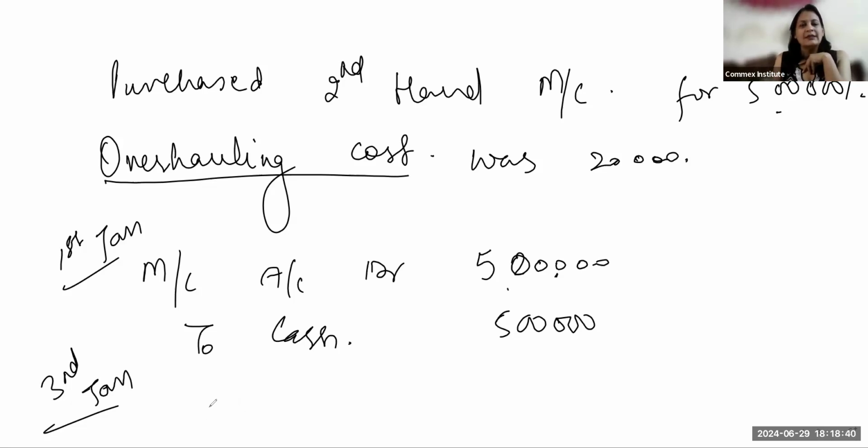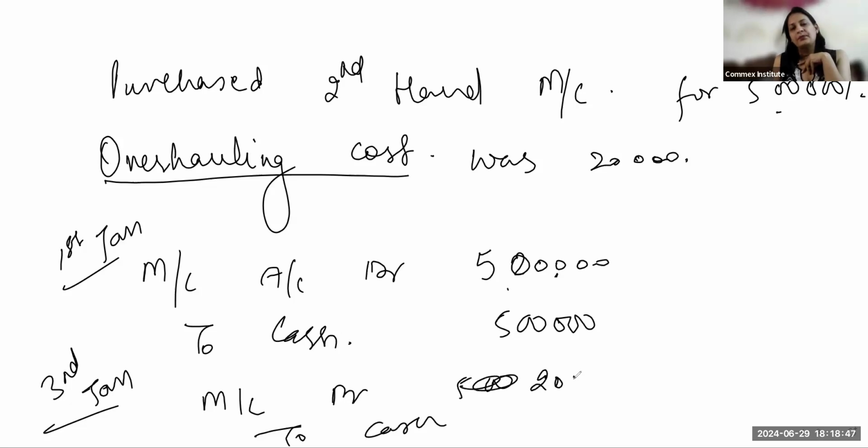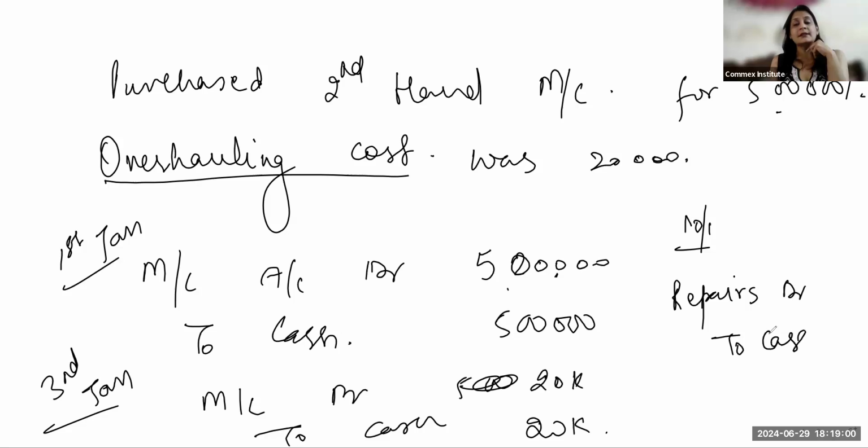So again the entry on 3rd Jan would be machine account debit to cash, 5 lakh and this 20,000. Then I started using it, and then there was some problem. So on 10th Jan, again I had to get some repairs done. Then the entry would be repairs account debit to cash. So it is not relevant with the date. It may be any date, but if that date falls after your work has been done and you've started using it, then it will be revenue expenditure.